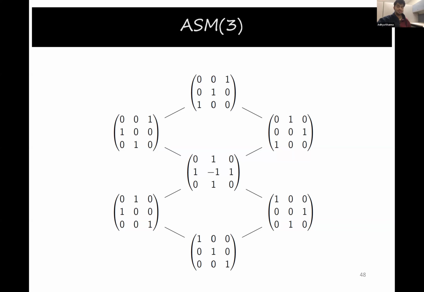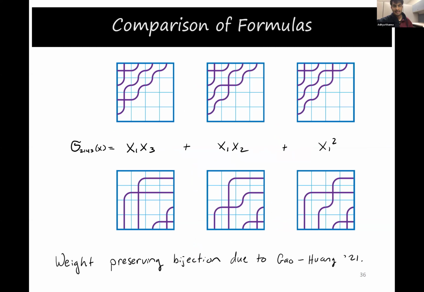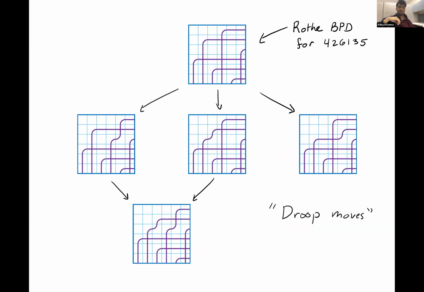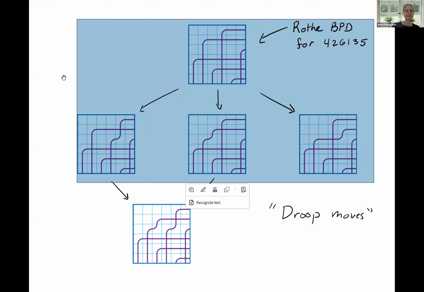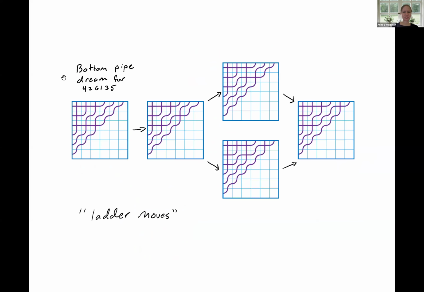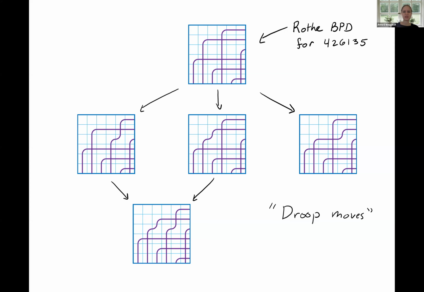So you talked about the droop moves on bumpless pipe dreams. Does that correspond to a nice thing on the ASMs? Oh, yes. Initially, Lascoux, on ASMs, called it inflation. So taking a situation where this is going to this.